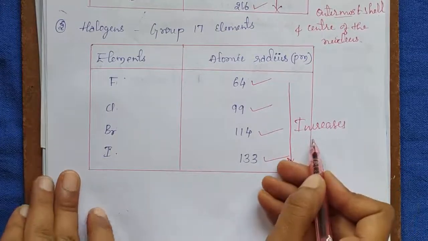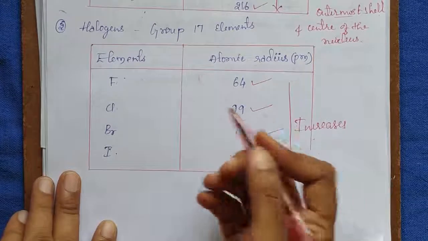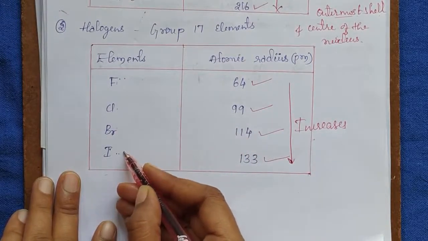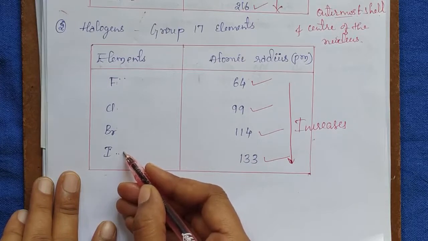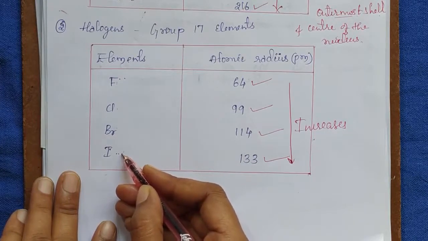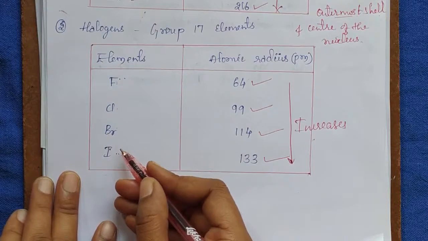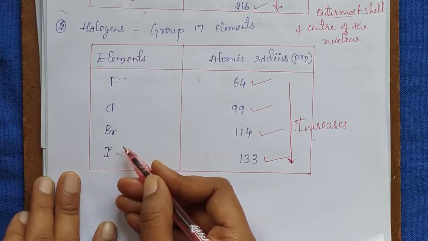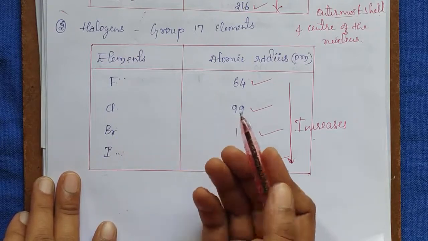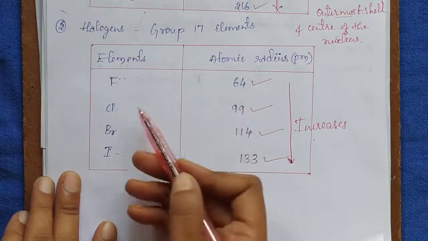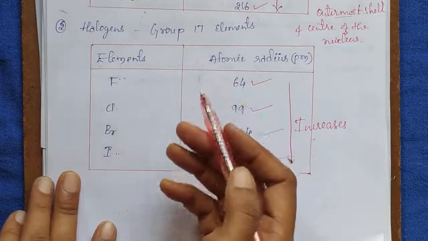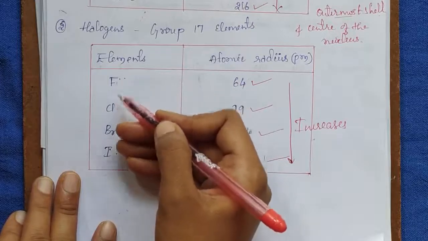The reason for this increase is that the number of shells increases. As a result, the distance between the outermost shell and the center of the nucleus increases. Obviously, the atomic radius of these group 17 elements increases as we move down the group.